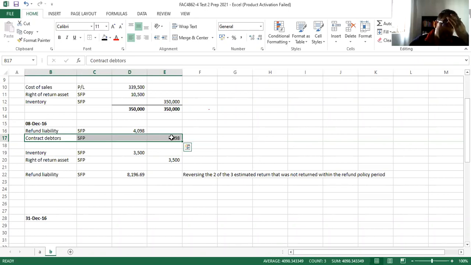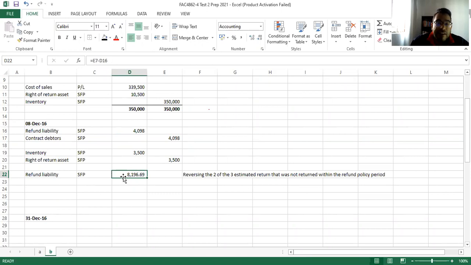Because the customer actually returned it, so there's no right to receive the cash from the customer. So we can't anymore have a contract debtor. With this, the customers did not return. We're only reversing the refund liability because customers can no longer return. So therefore, we still have the right to receive the cash.